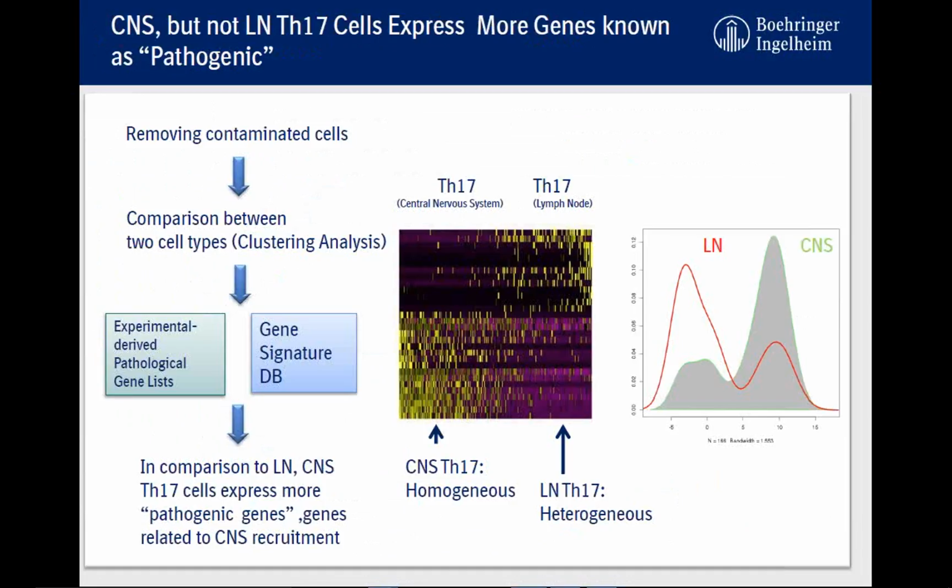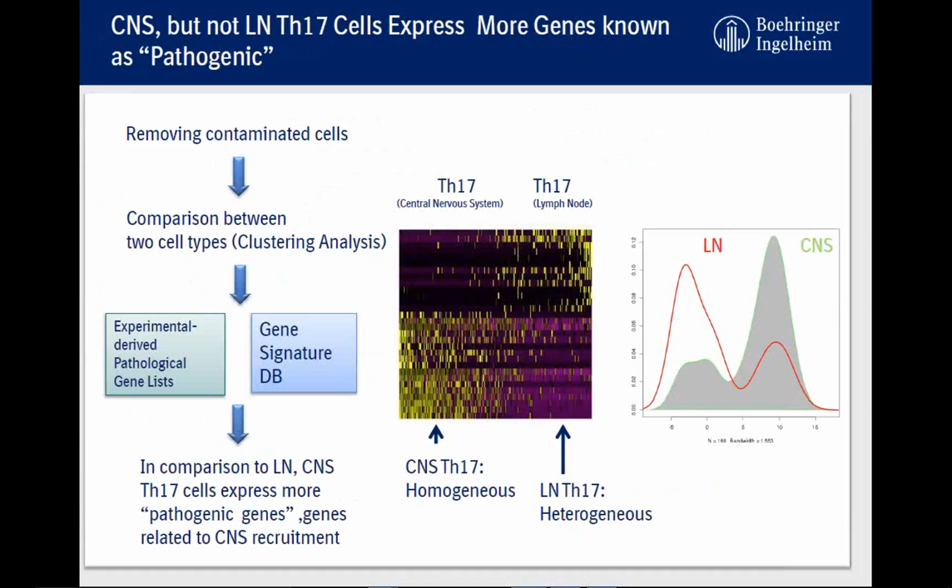We also utilize experiment-derived gene sets and some gene signature databases. So we know certain genes are really connected to the signaling pathway, which means certain inflammatory cytokines cause a series of gene upregulation. And we believe this set of upregulated genes is related to the pathology.